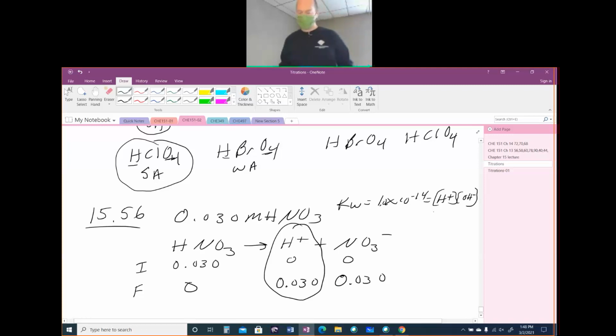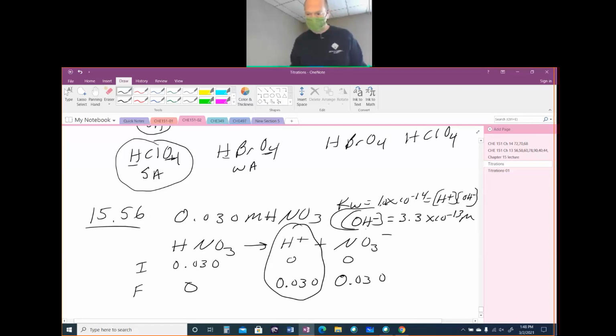All right, so you simply have to take your Kw and divide by your H plus. So you take 1 times 10 to the minus 14, and divide that by 0.030, and you get 3.3 times 10 to the minus 13. So your OH minus concentration is 3.3 times 10 to the minus 13.